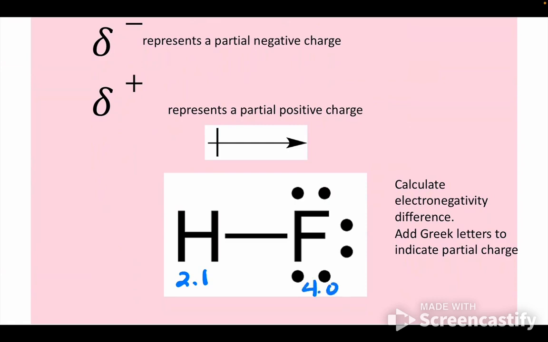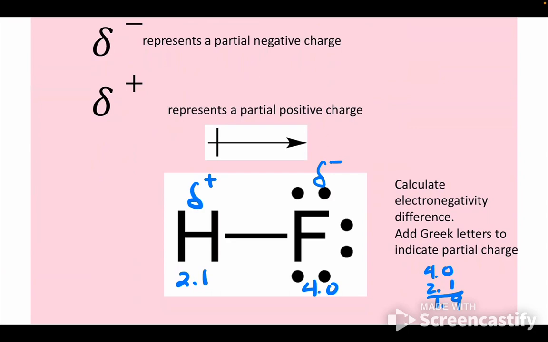This is a difference of 1.9, so it's very polar covalent. The fluorine is going to pull the electrons closer to itself, so it becomes partially negative and pulls those electrons away from the hydrogen, which makes it partially positive.